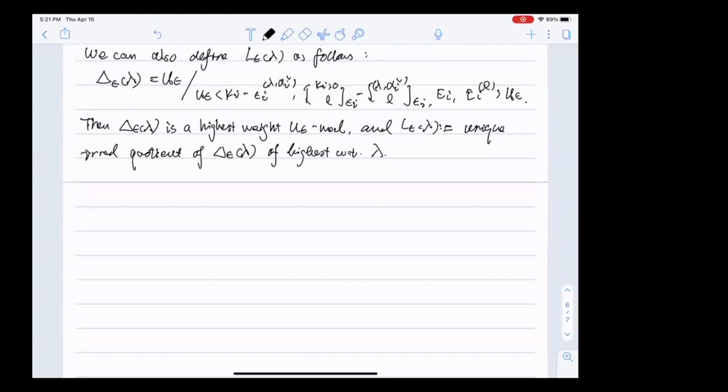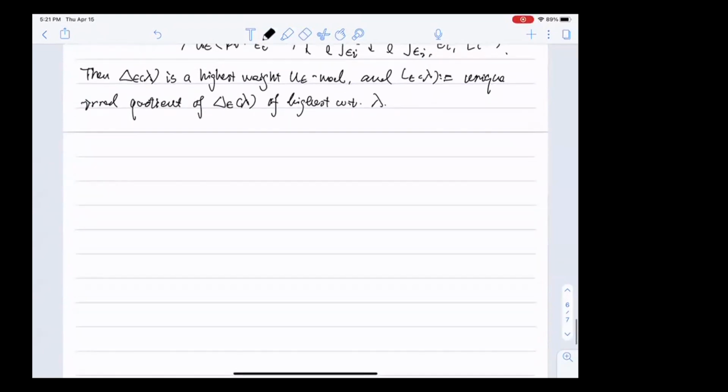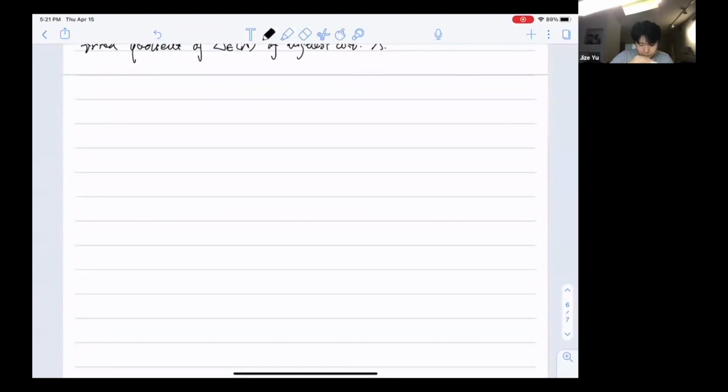Thanks. So U epsilon on the right should go. Right, like so. Thank you. Okay, thanks, guys. Right. So the next thing we are going to see is the tensor product theorem.